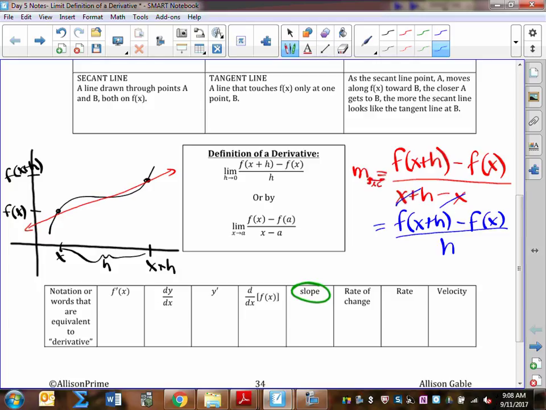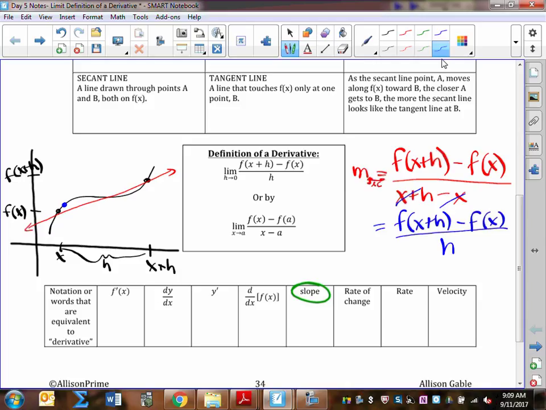Now, like we said, if I got these points closer and closer together, so let's say I'm interested in trying to find the slope actually at x. As I move this closer and closer together, then I'm going to get that slope closer and closer to the actual tangent line. So again, if we kind of investigate here, let's go ahead and just put it pretty close to it.